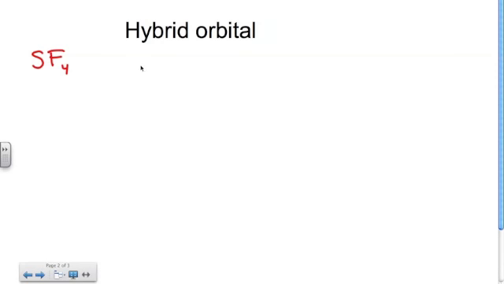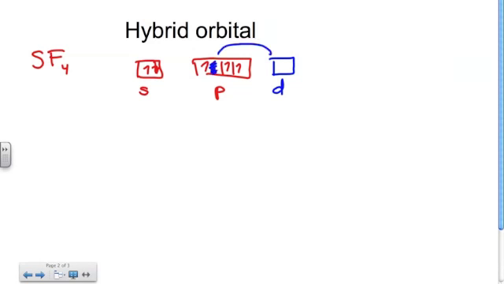Sulfur has an s and p normally. 1, 2, oops, opposite spin, 4, 5, 6. Okay? So when it hybridizes, if it's SF4, then we need to bounce one up into a d. So I've got a d here, and this electron jumps into here.